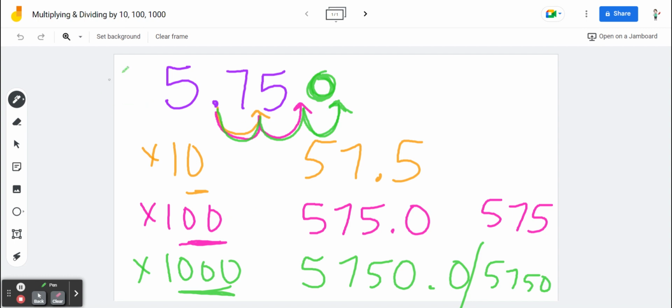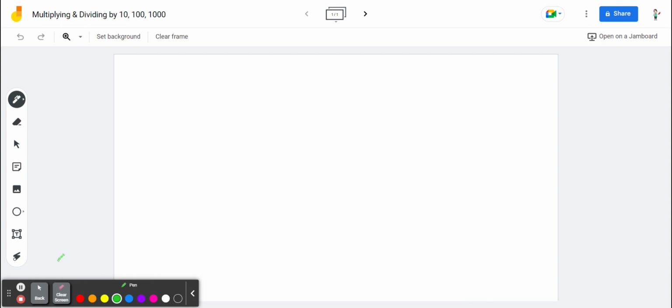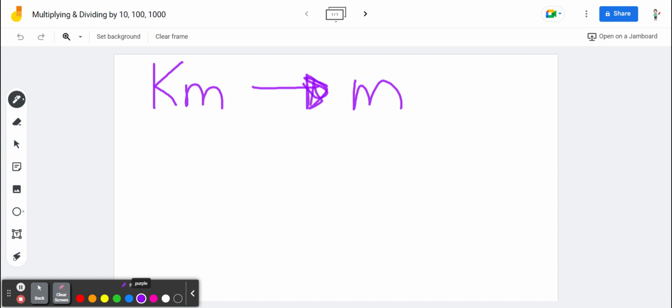So we're moving the decimal point, and that is really helpful when we are doing metric conversions, because in metric conversions, so let's say we're working kilometers to meters. And I need to think about what is a kilometer, what is the relationship to meters.